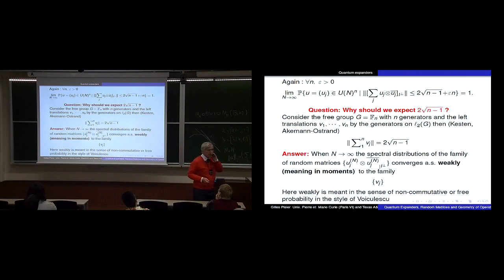This number appears already in the famous work of Kesten, which I think is actually his PhD thesis from the late 1950s, where he studied random walks on the free group. The number appears as the spectral radius of the random walk. He works with symmetric sets of generators, so that number appears when n is an even integer in his work.